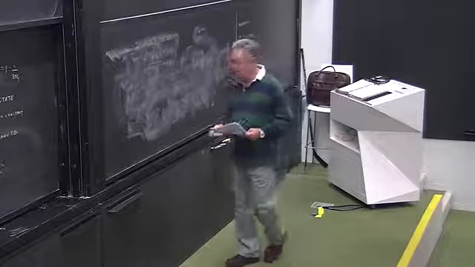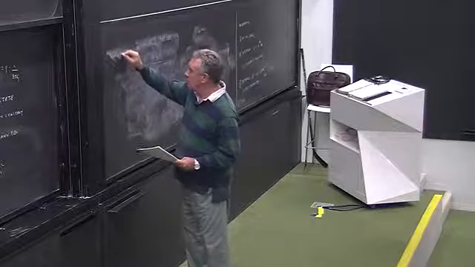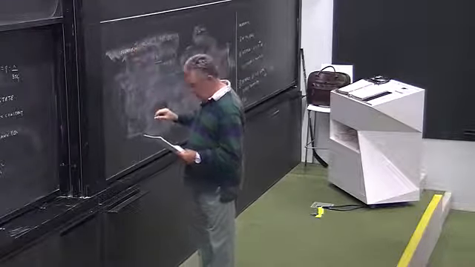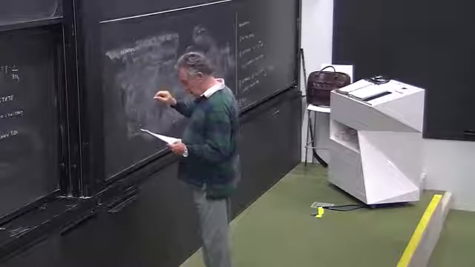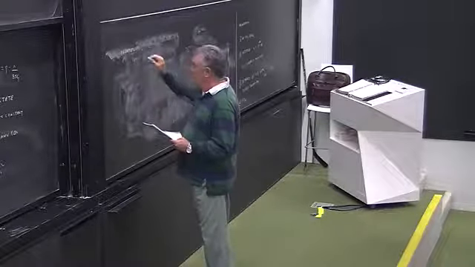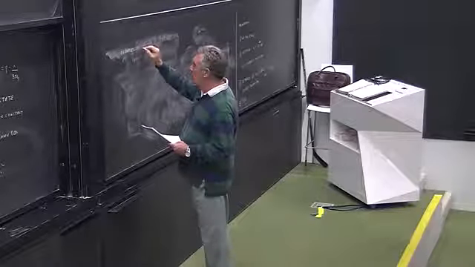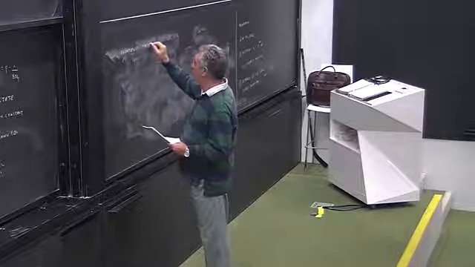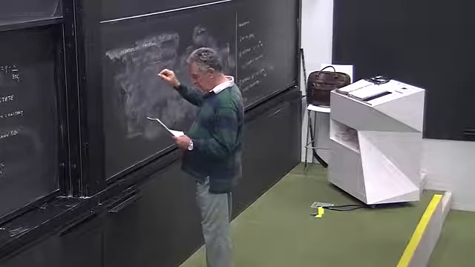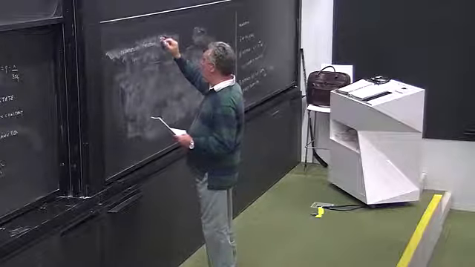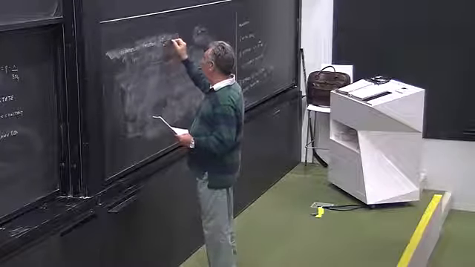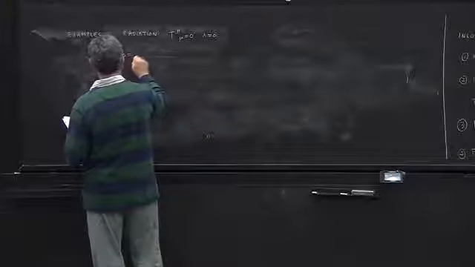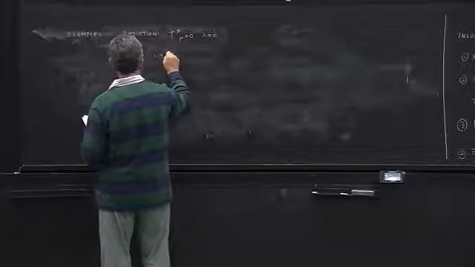So let's look at some examples. Let's look at radiation. This corresponds to T mu mu equals 0, lambda equals 0, in which case p is 1/3 rho, so omega is 1/3.